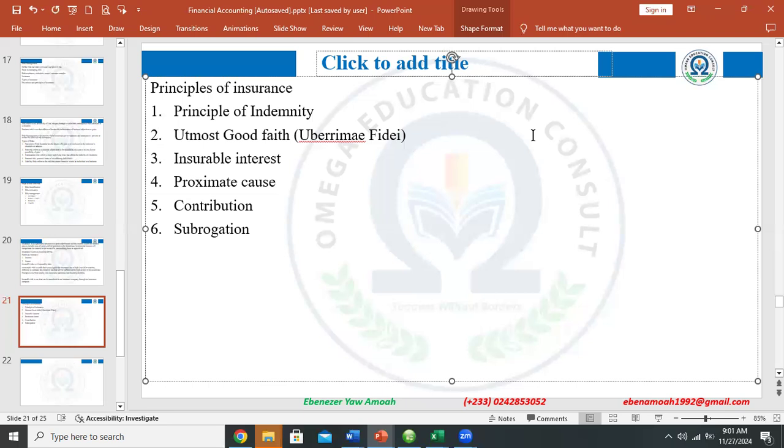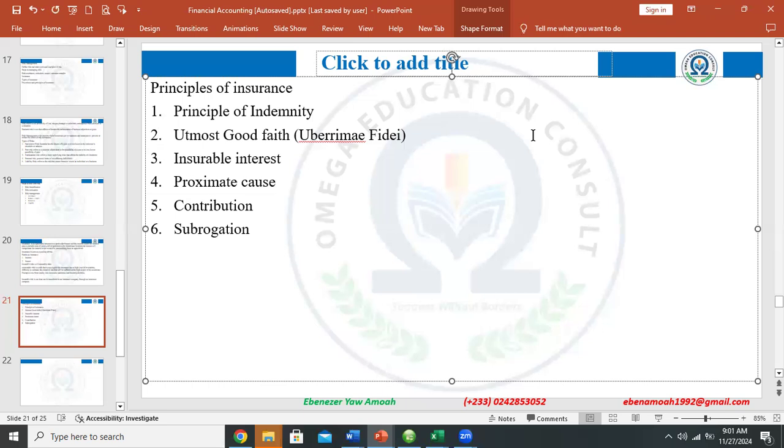So we are saying that when you insure your assets and something happens to the assets, and you are being compensated by the insurance company, the aftermath of the compensation, all the issues there should be borne by the insurance company. So for example, if you insure your car against theft, and then it happens, the insurance company compensates you.